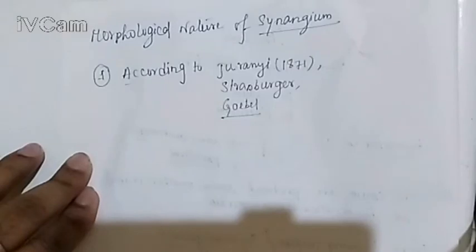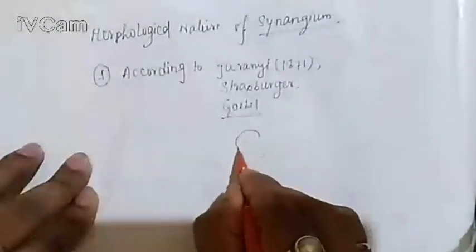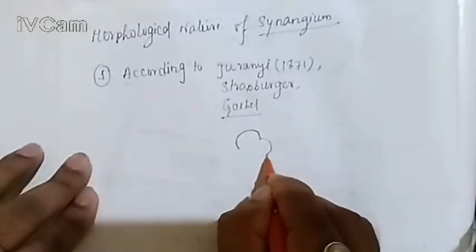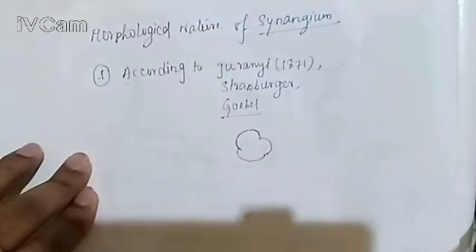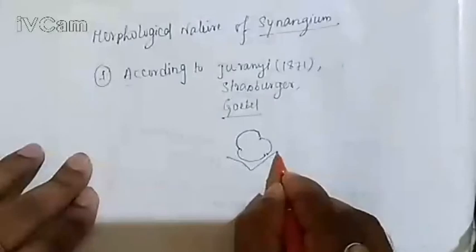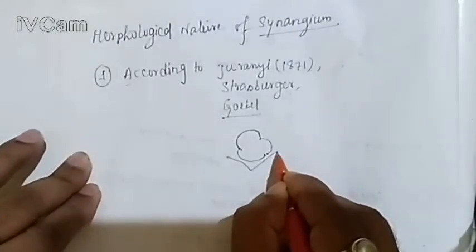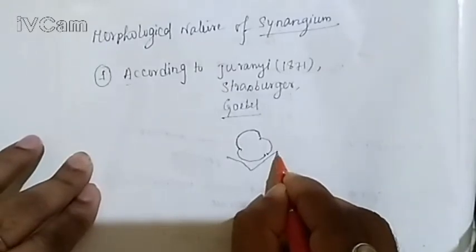the synangium, the entire structure, as a small fertile branch bearing two leaves and a triloculous sporangium. The entire structure develops on a small branch bearing two leaves.